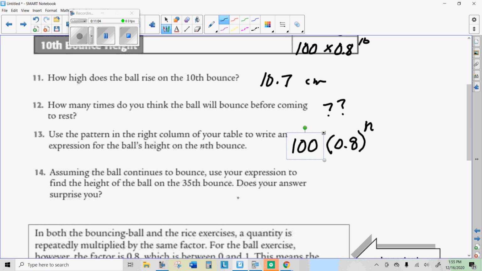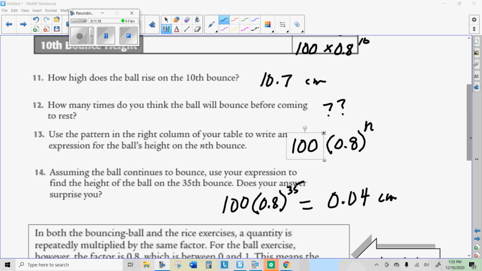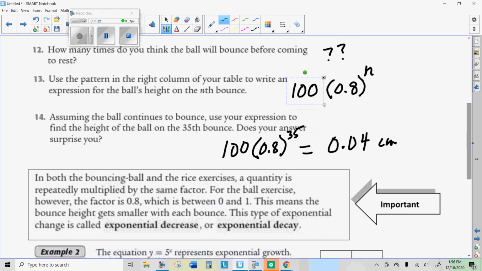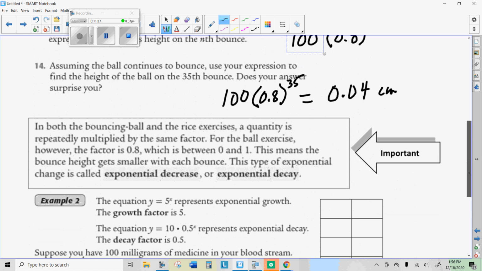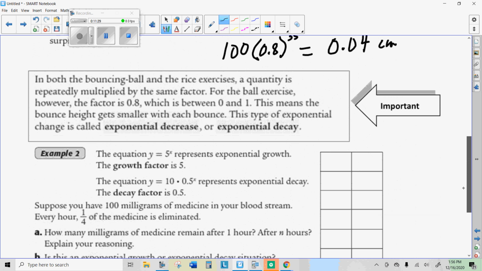So on the 35th bounce, you would have to do 100 times 0.8 to the 35th power. Go ahead and see what that equals. Notice that's a pretty small number. Personally, I think it probably quit bouncing by then. It's so small. So anyway, that's what an exponential equation will look like.